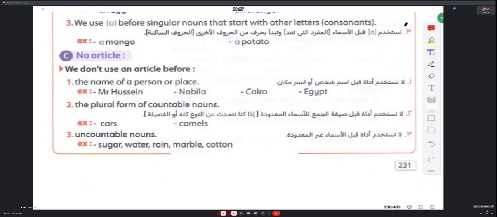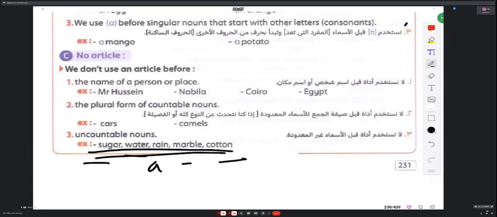Uncountable nouns. We can't use a or an before uncountable nouns. I cannot say a rain, a marble, a cotton, a water, a sugar, a oil, or an oil. I can't say a or an before uncountable nouns. But I can use the.